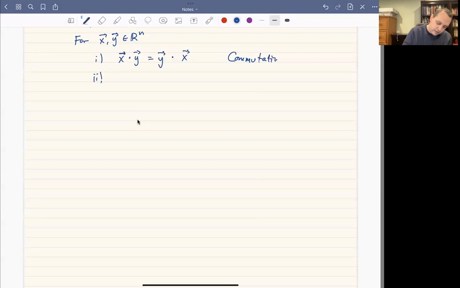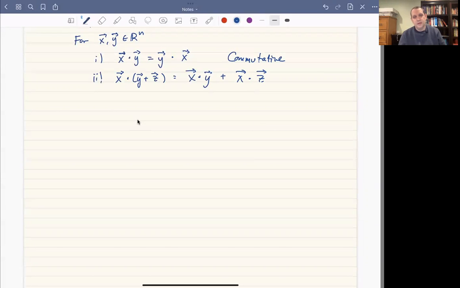So commutative. There's a distributive property. If you were to take the dot product of x with y plus z, this would be the dot product of x and y plus the dot product of x and z. And so you've got this distributive property. There's an associative property.